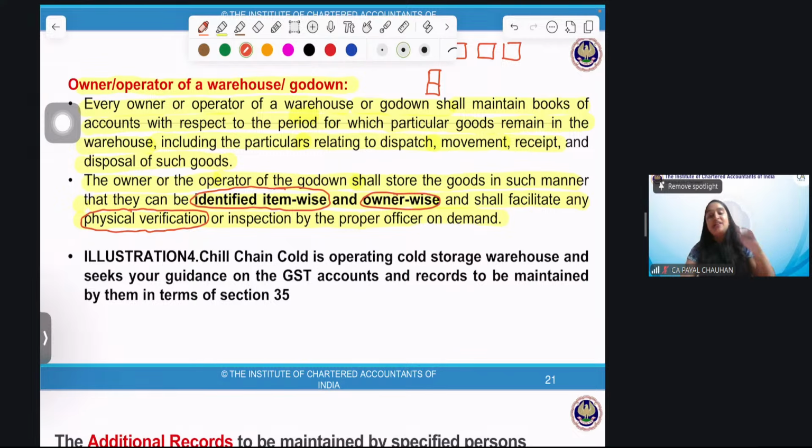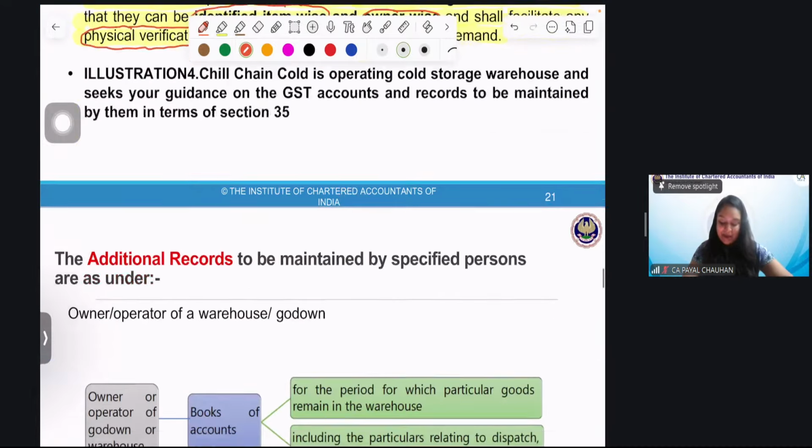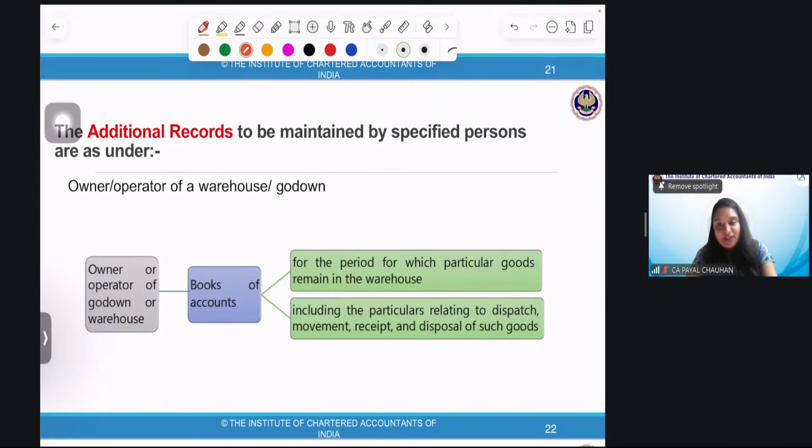If you are a cold chain facility warehouse operator or owner, then remember you have to keep complete details about the movement of the goods, the dispatch, the receipt, and all those goods should be maintained first item wise and owner wise. Now, additional records to be maintained by specified persons.